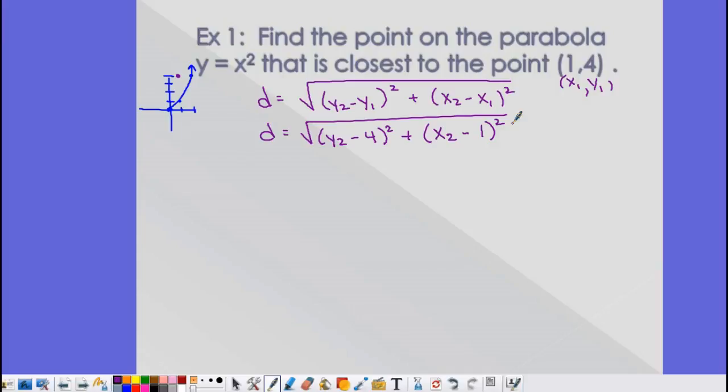So if these just represent points x and y, to get rid of the y's, I can replace it with x squared. So that I can say the distance is the square root of x squared minus 4 plus x minus 1.